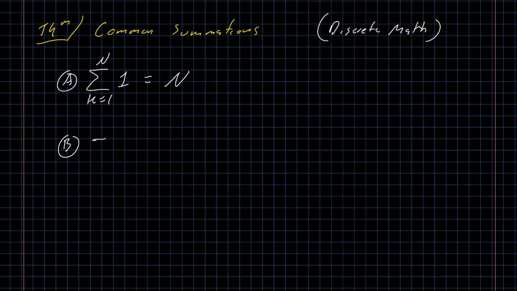The sum k goes from 1 to n of k is n times n plus 1 all over 2.